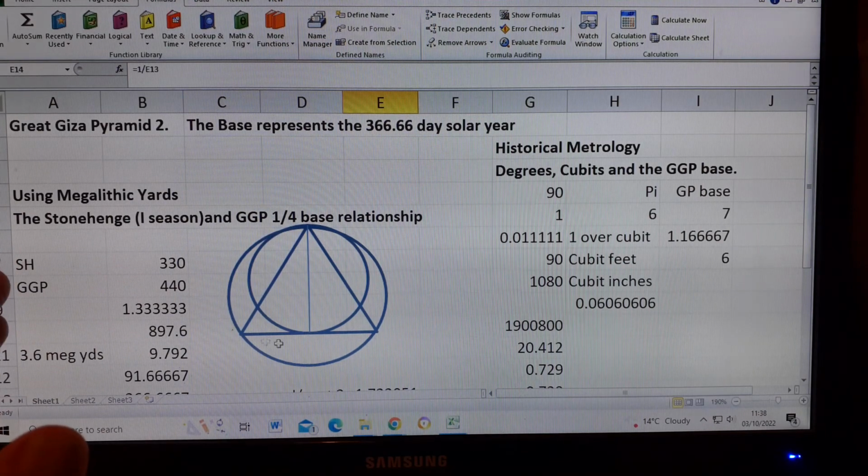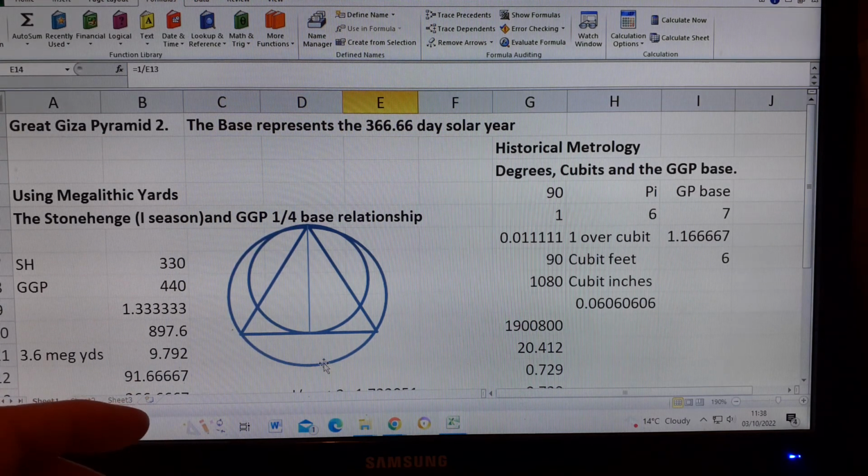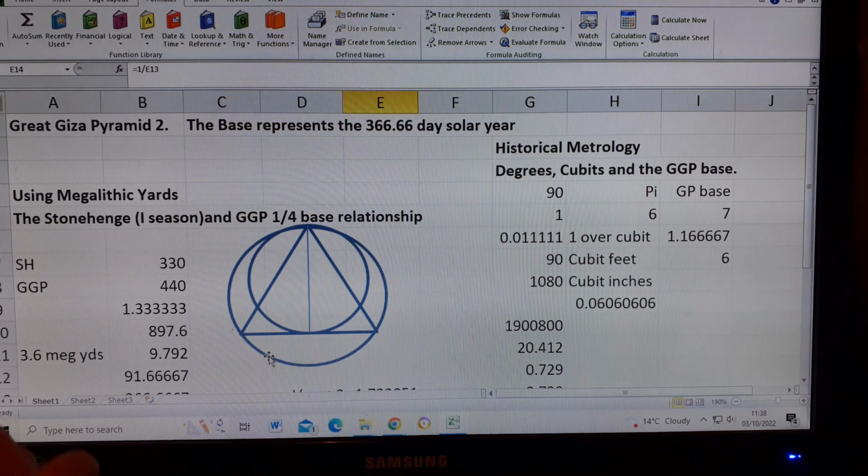They could draw this and know that this circumference would be 1.33 megalithic yards. So if they put 330 feet in there, they were putting 330 megalithic yards in there and 440 megalithic yards in there. And 440 just happens to be the side of the Great Giza Pyramid in cubits.